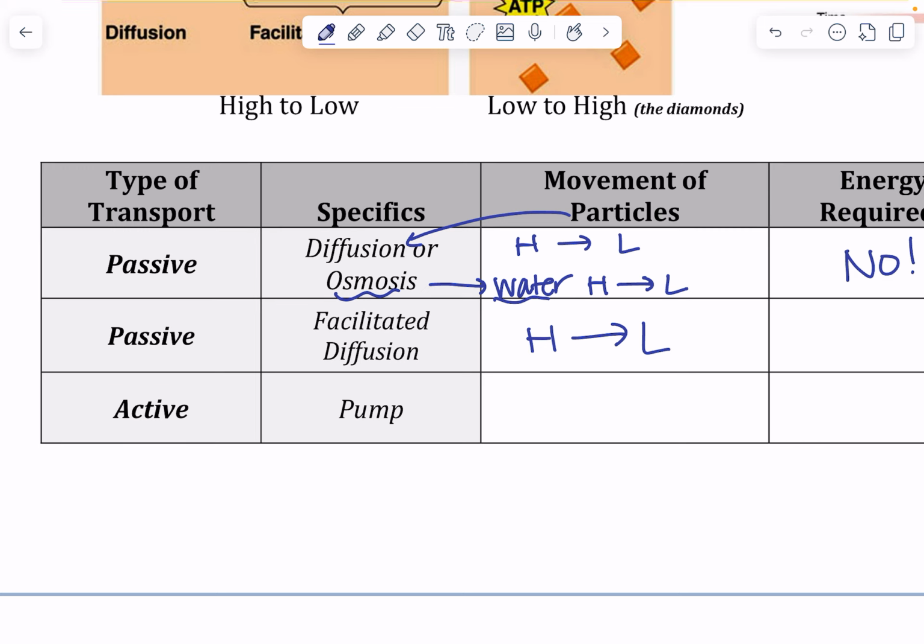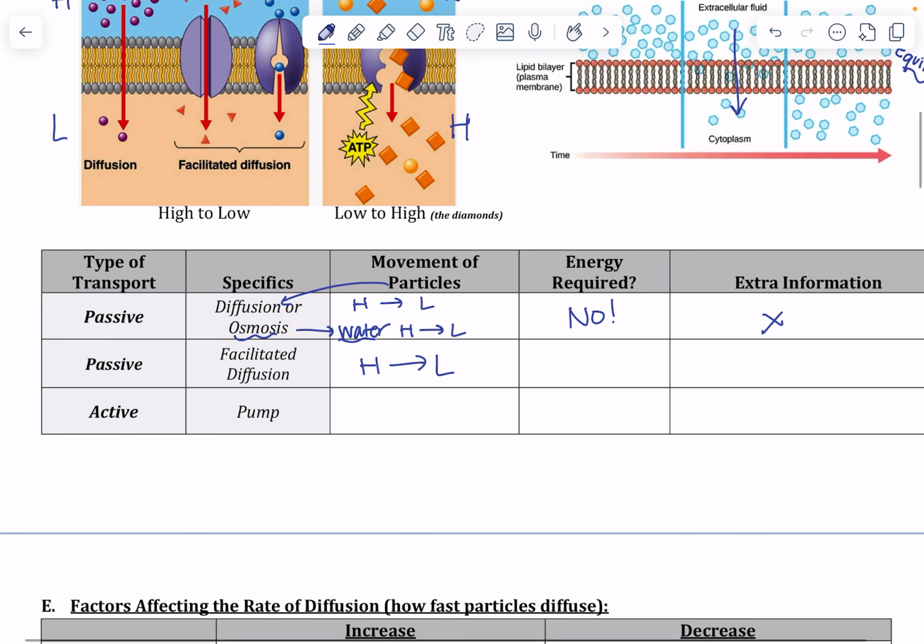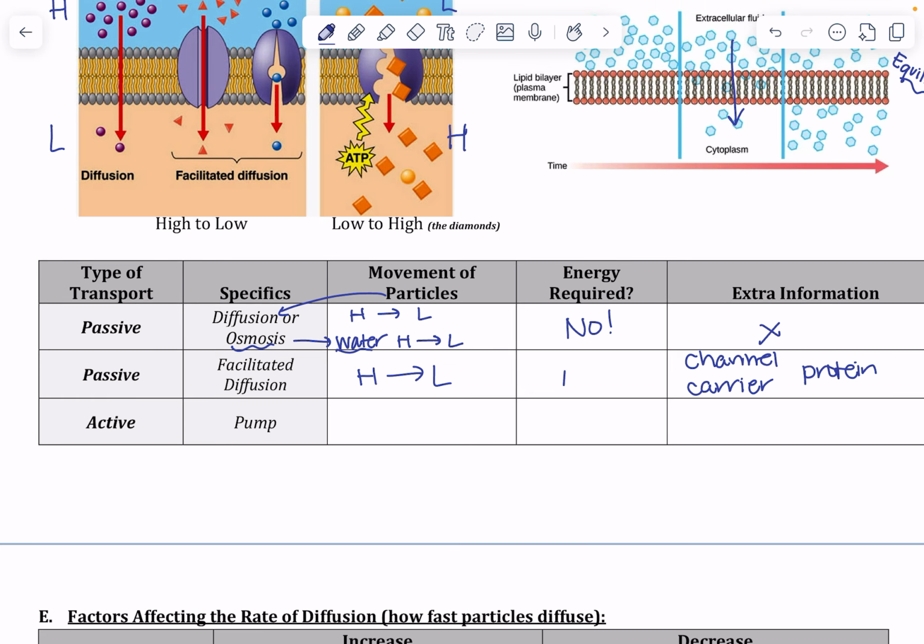That's either going to be a channel protein or a carrier protein. Either way, they both work and no energy required on that one. Lastly, active transport is like an ATP powered pump. We are moving from low to high concentration, and we do need energy.